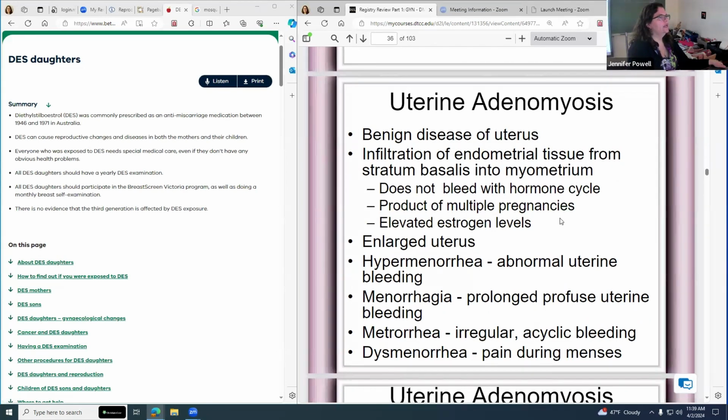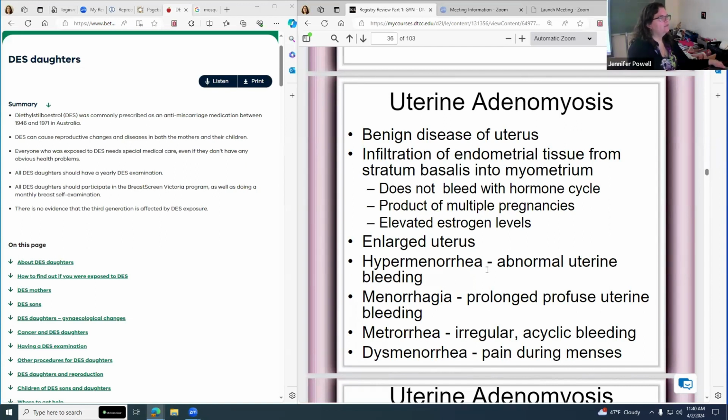All right, uterine adenomyosis. We had already talked about this, that this is a type of endometrium that grows into the myometrium. It is benign. It does not bleed with the hormone cycle. It's a product of multiple pregnancies, and you could have elevated estrogen levels. It makes for a bulky uterus, especially on the posterior side.